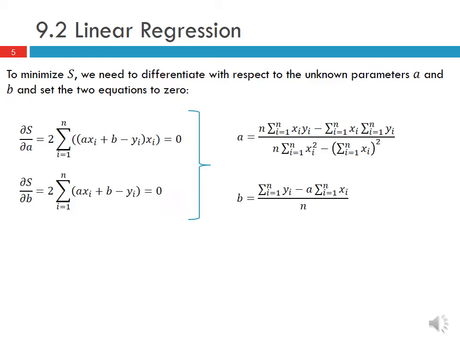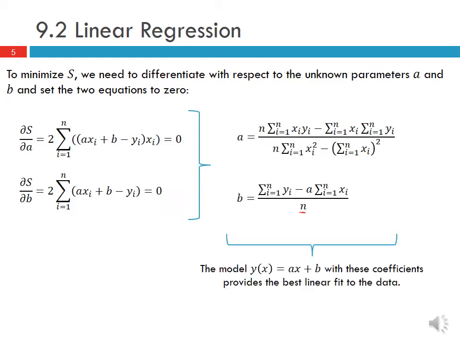So we can rearrange and solve for a and b directly, which have the forms shown here. They are dependent on these sums of the data points xi and yi, and n is the number of data points. So the model y of x is equal to ax plus b with these coefficients provides the best linear fit to the data.